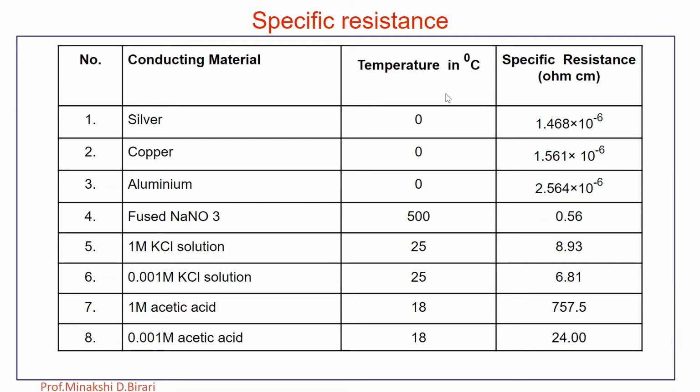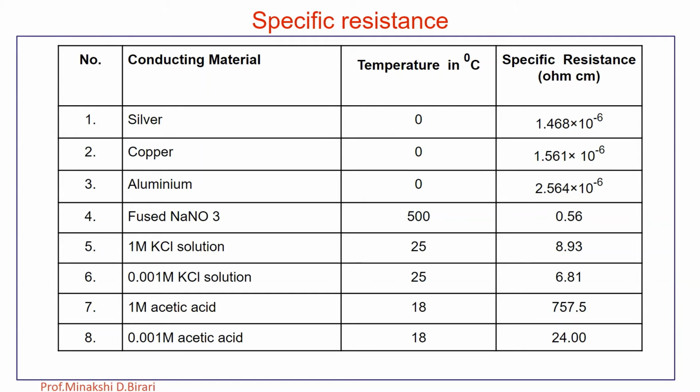This table shows that the specific resistance of metals is much lower than those of electrolytes taken in fused forms or in the form of their aqueous solutions. The reason behind this observation is that the conduction in a metal occurs due to movement of electrons, while that in solution of an electrolyte occurs due to movement of ions, and the mobility of electrons is much greater than the mobility of ions.